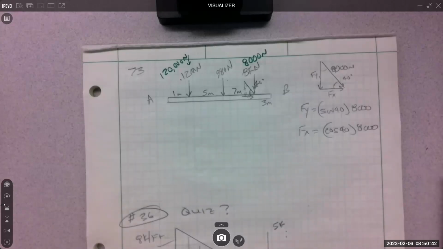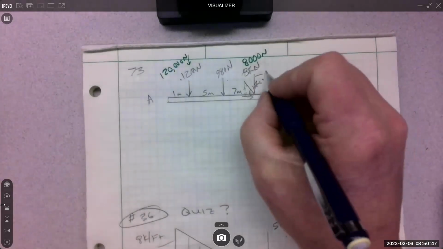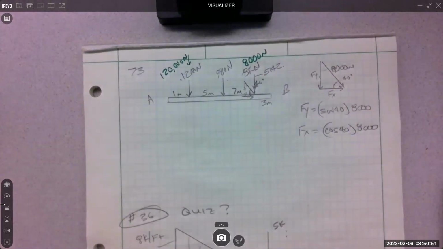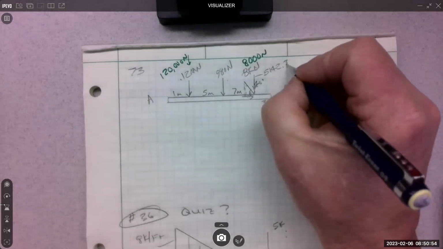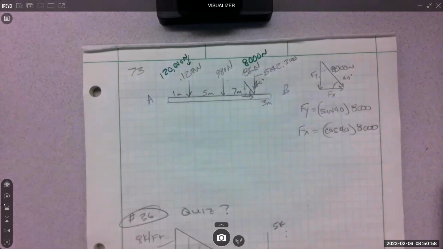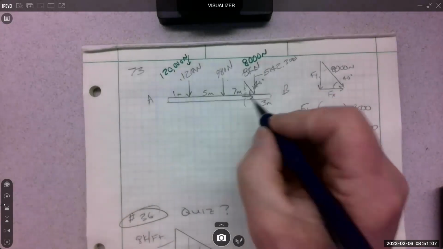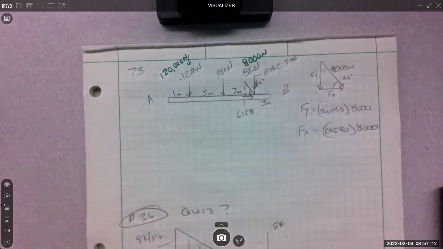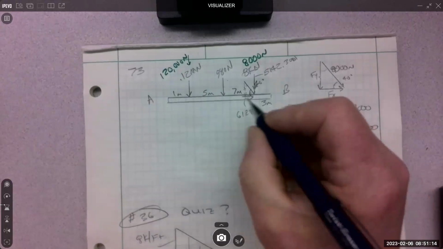So y is 5,142.3001. And then the x, 40 cosine, is 6128.3, lots of 5s.